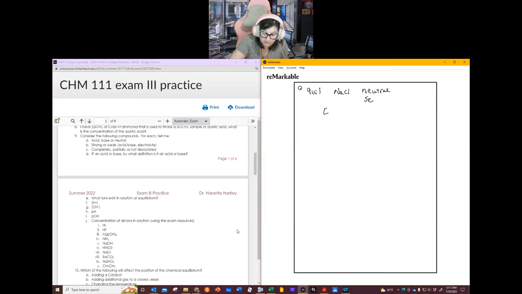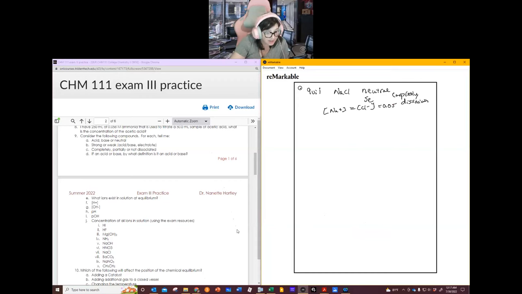Its concentration for Na plus is going to equal the Cl minus because it is a strong electrolyte. It completely dissociates. And of course, that means that this is 0.05.